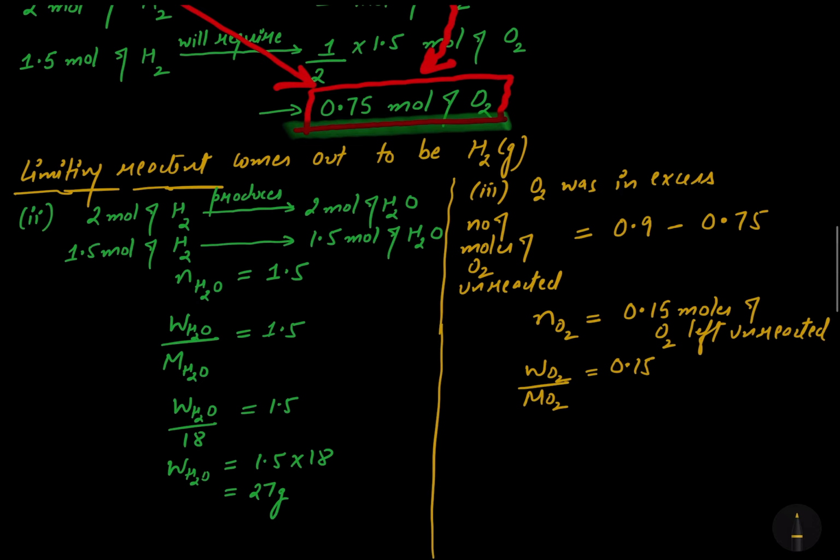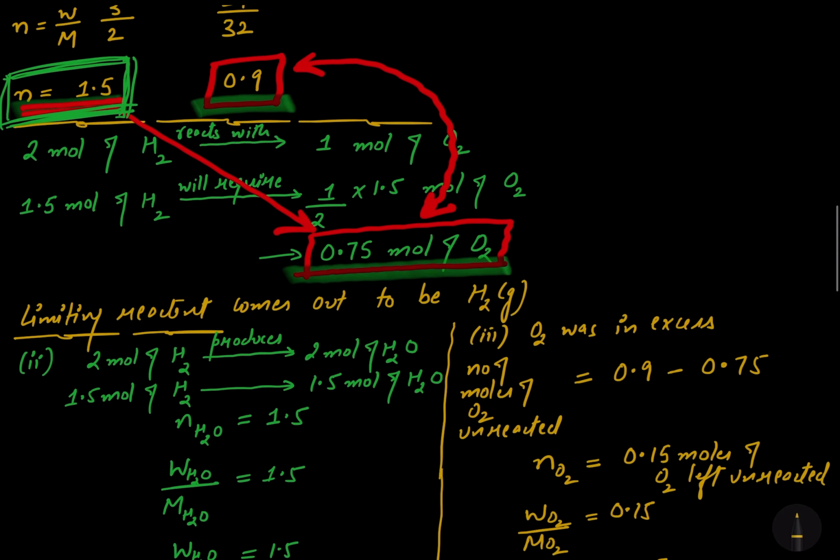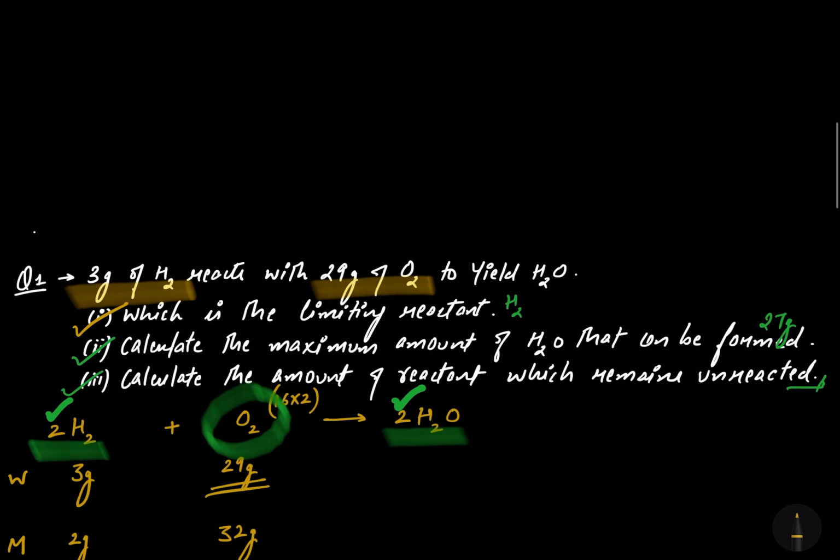So the weight of O2 comes out to be 0.15 times the molecular mass of O2, which is 32, and it comes out to be 4.8 grams of O2 was left unreacted out of 29 grams of O2. So the third part comes out to be 4.8 grams.